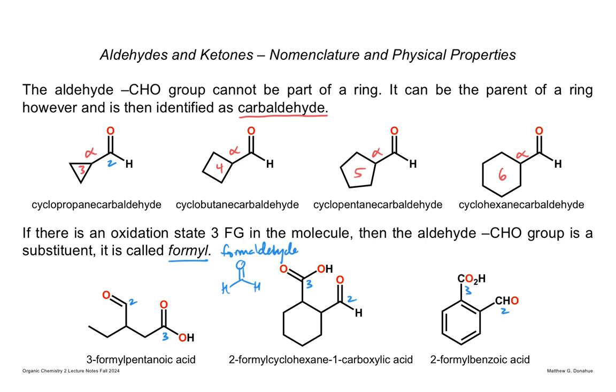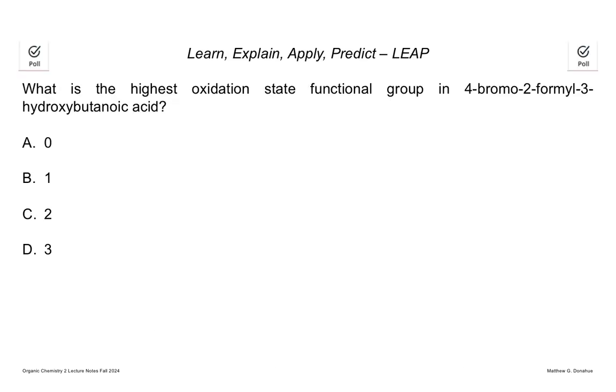You just have to pay attention to, for example, on this problem here, what is the parent functional group? In the example, 4-bromo-2-formyl-3-hydroxybutanoic acid, that has one of each, basically.